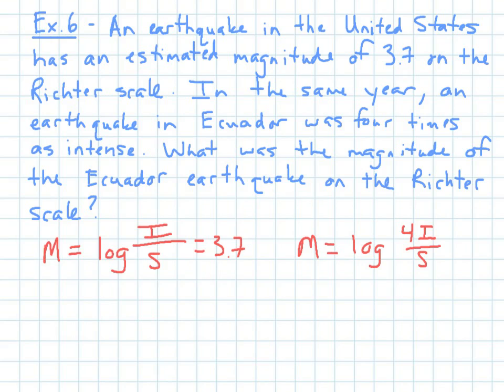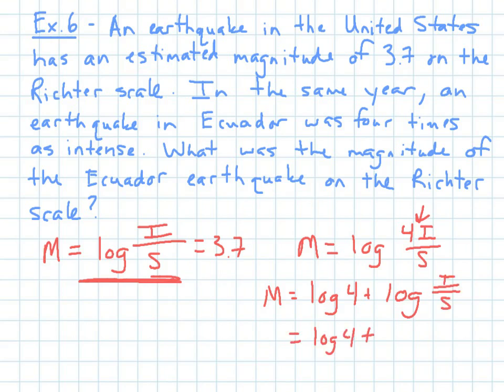So here I can also separate, and so, using expansion laws, initially you see division, but I want to make it so the log on the right has log of I over S, because we already know that that's equal to 3.7. So if I separate them by multiplication, there's multiplication right there, so log of 4 plus log of I divided by S, and that gives me log of 4 plus 3.7, because these two are equal to one another based on our last statement.